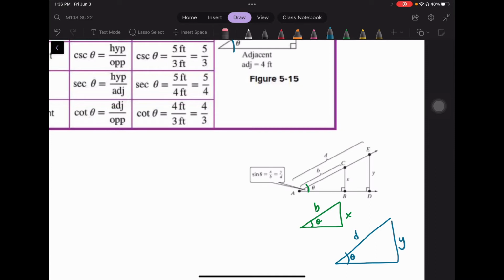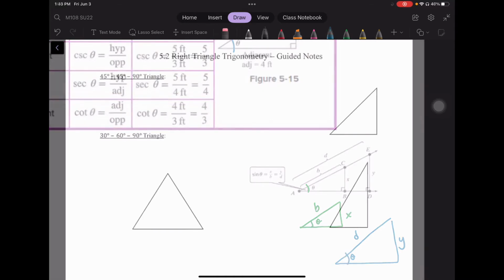The angle measurement is the same for the smaller triangle and the larger triangle. These are similar triangles. They are different sizes, but they have the same angle measurements. And so they have angle-angle similarity. And in this case, the sine of theta is equal to x over b, but it's also equal to y over d. And so you could actually use that to solve similar triangle values for side lengths.